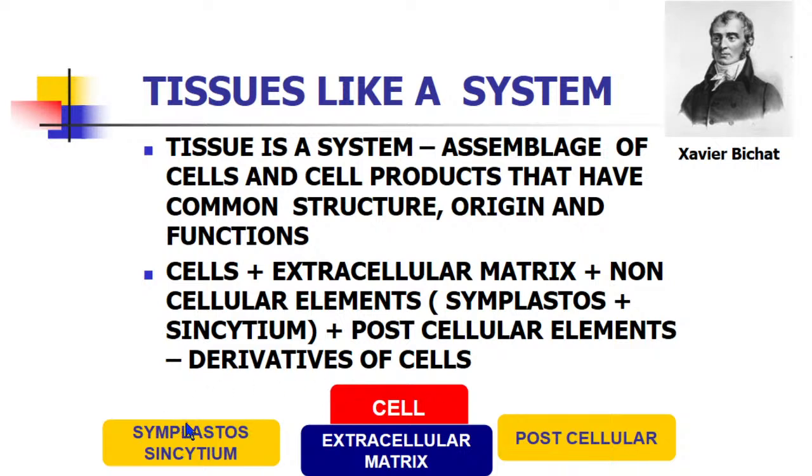And symplast and syncytium are the result of two variants of different behavior of cells during differentiation. On one side, symplast is a result of fusion of more than 10, sometimes 100 cells, forming common cytoplasm and multinucleated protoplasm.